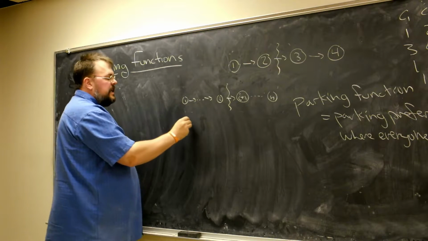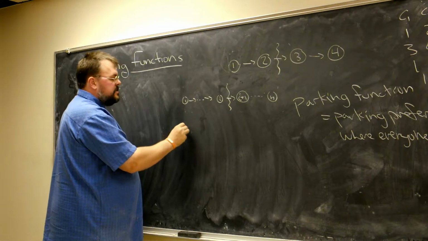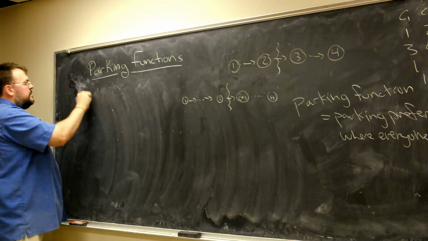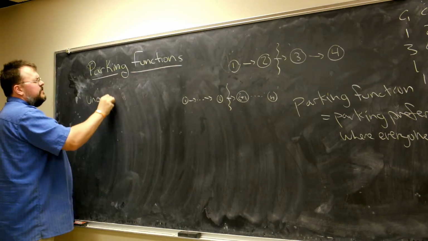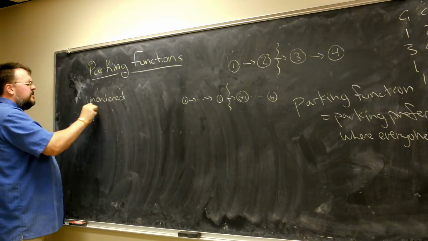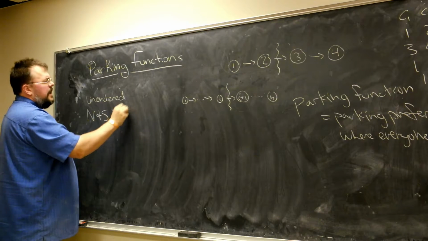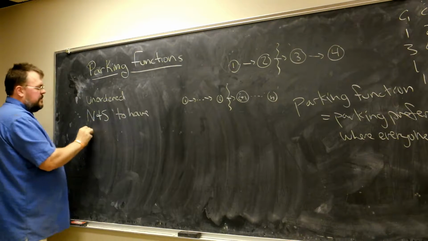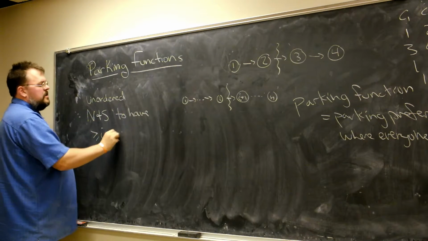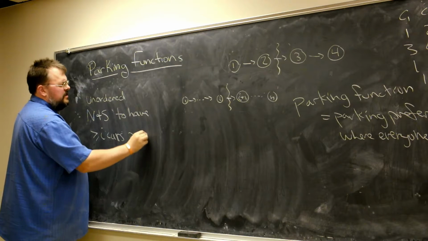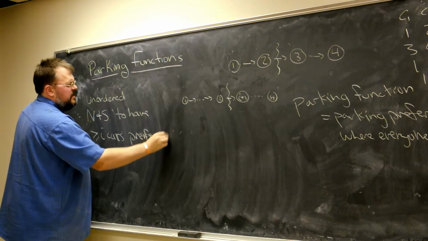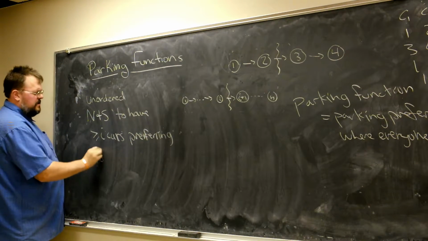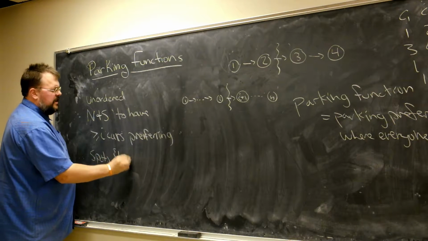So for unordered parking functions, it's necessary and sufficient, which is nice, to have at least i cars preferring spots 1 up to i.